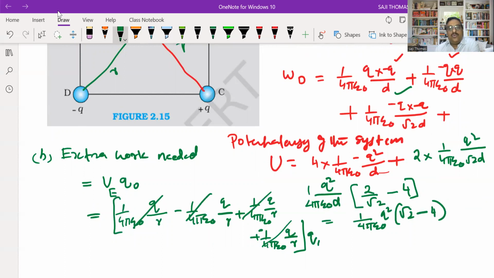This into Q0. So what is the extra work done? 0. Okay. Because potential at the center E of the square will be the sum of potential due to all charges at the corners. So total work done is 0. Okay, this question is important.